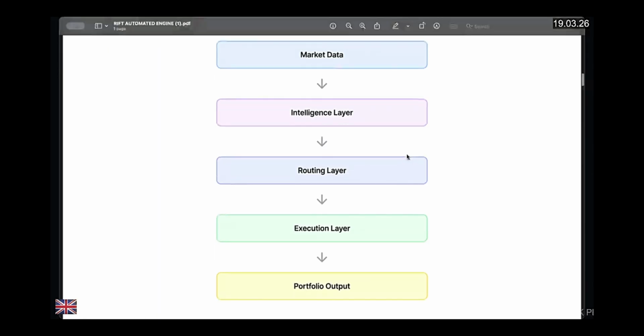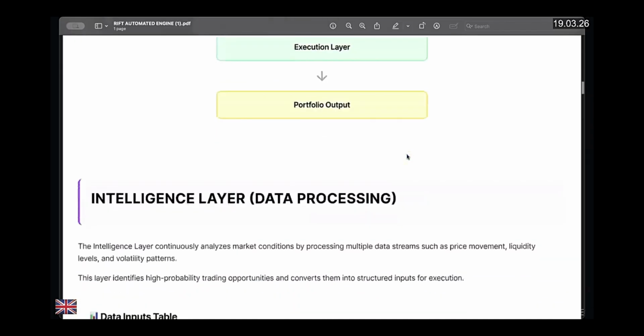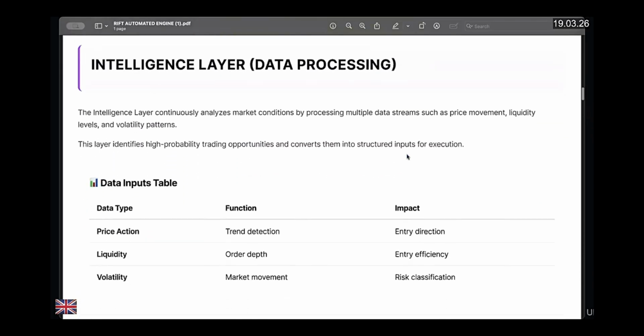So: market data analysis by the intelligence layer, then routing layer, then execution layer, then portfolio output, and within seconds, execution. So let us see how the intelligence layer actually works.